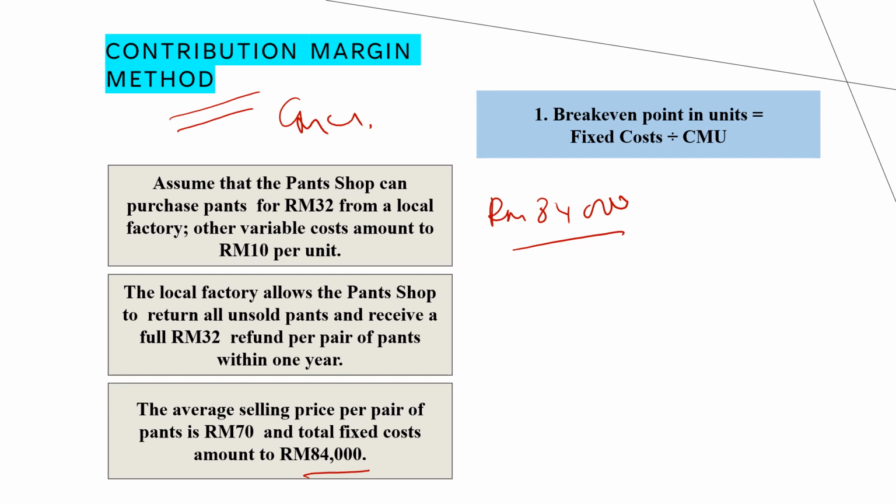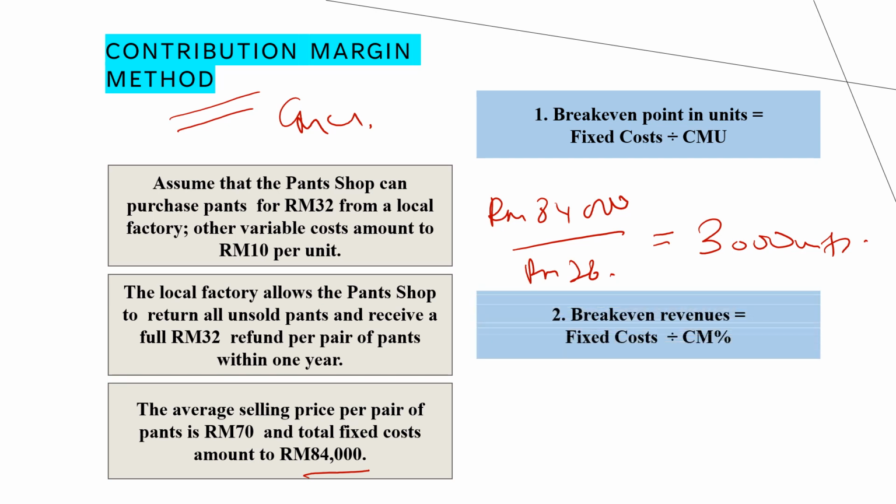How to get the 28? You just take 70 minus 42, so you get 28. Now I put 84,000 divided by 28, then you get the answer of 3,000 units.